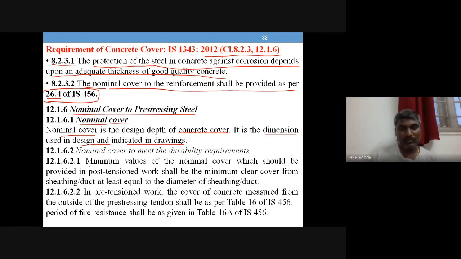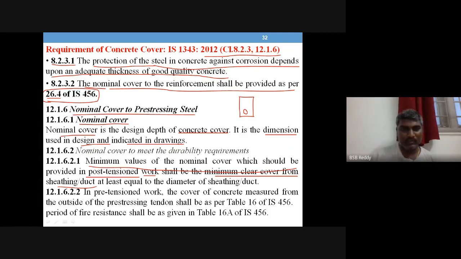So the minimum values of nominal cover which should be provided in post-tensioned work shall be the minimum clear cover from the duct. Post-tension means you will have a duct. Okay, if the member is a post-tensioned one, what do we do? We'll provide a duct for inserting the steel.